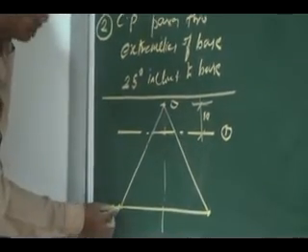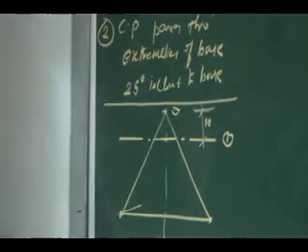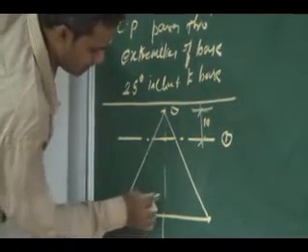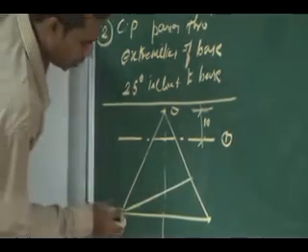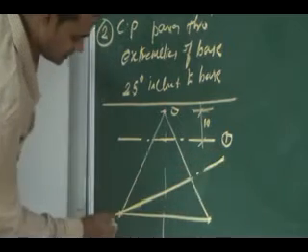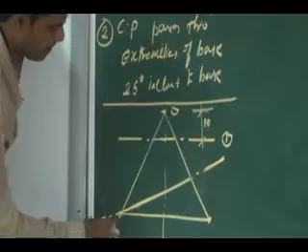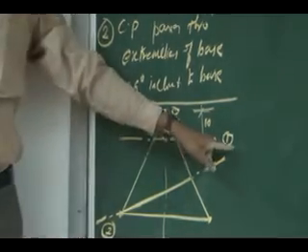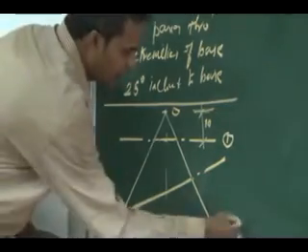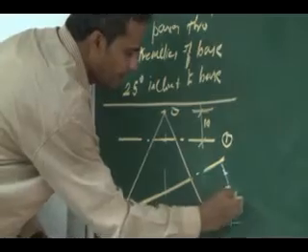The plane passes through this extreme point and is 25 degrees inclined to the base. So the second cutting plane is like this, and this angle is 25.